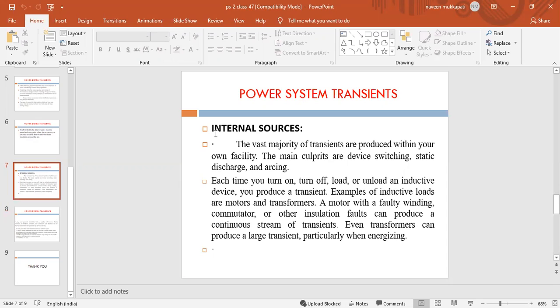In the next class we will discuss some problems related to the reflection and refraction voltages.